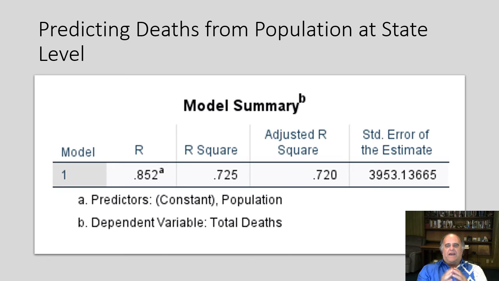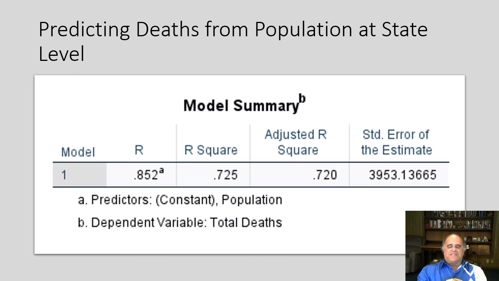We're now going to look at our data set, a very simple one, one I dropped later on because I noted there was a problem in terms of the data. We're predicting deaths from population at the state level.